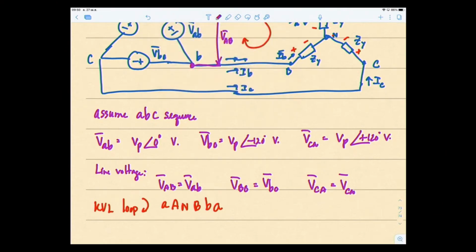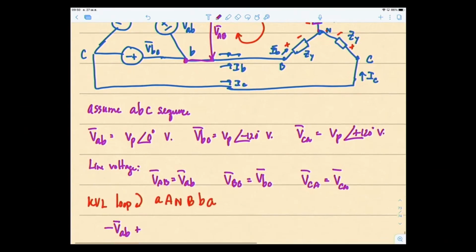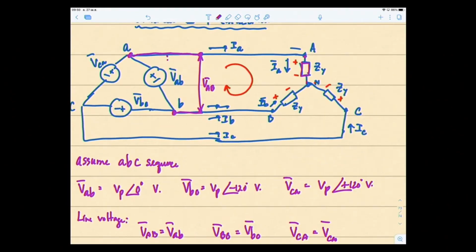I will get minus VAB plus the voltage drop across this one right here, AN. The voltage drop across this would be IA multiplied by the impedance.